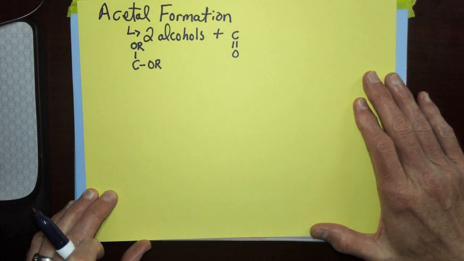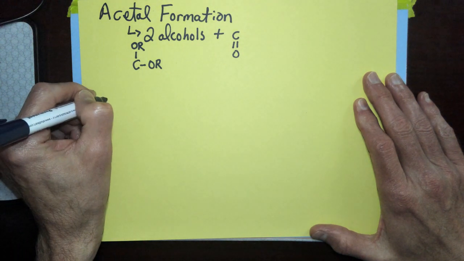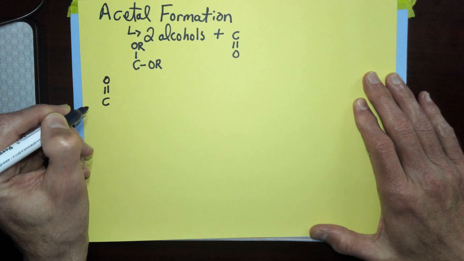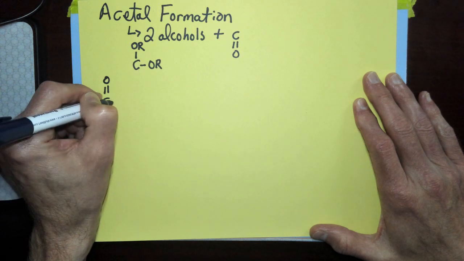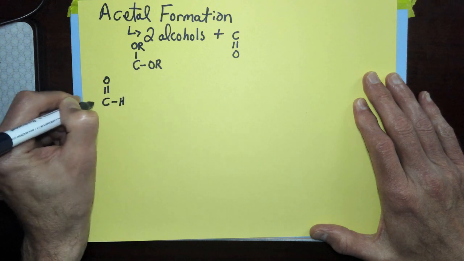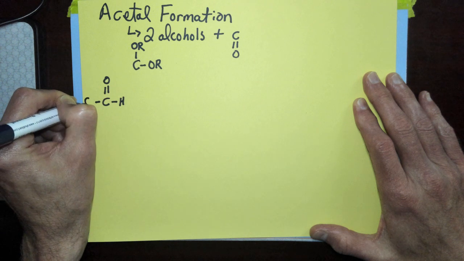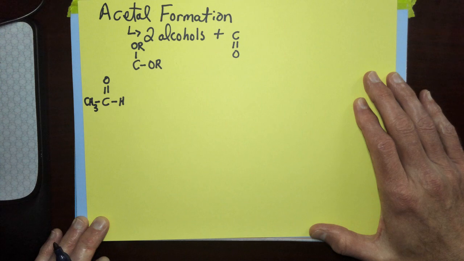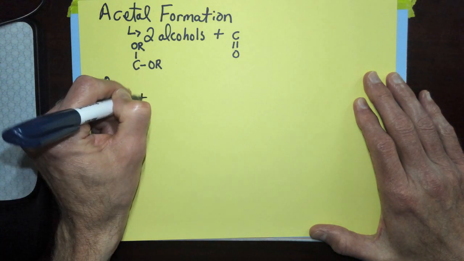So let's just say we have an aldehyde. Here's our aldehyde. Now we add in the alcohol.